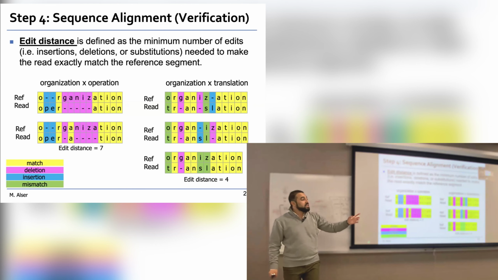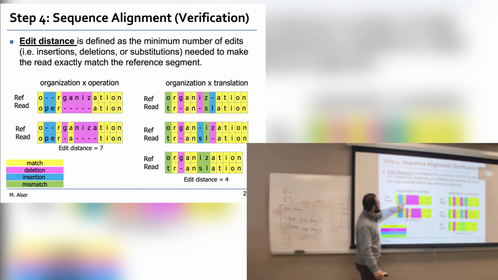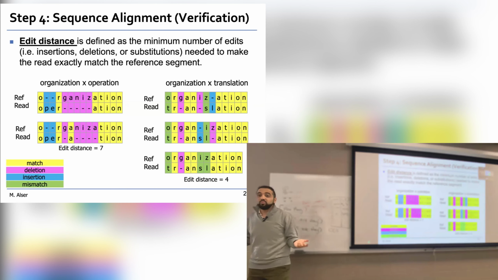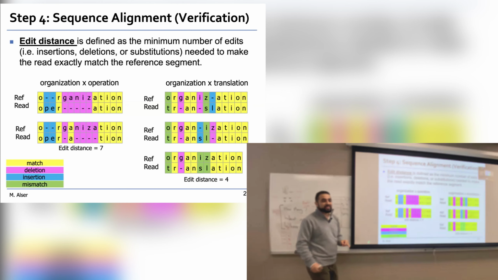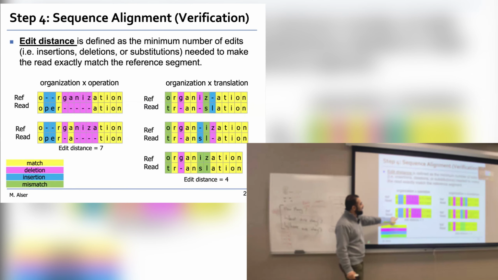That one is easy. But for here, 1, 2, 3, 4, 5, 6, 7. And 1, 2, 3, 4, 5, 6, 7. Both of them are 7. Which one is minimum? Which one to pick? I don't know, right? Again, to answer that question, we should use sequence alignment. The difference between sequence alignment and edit distance is that I specify the penalty for each type.